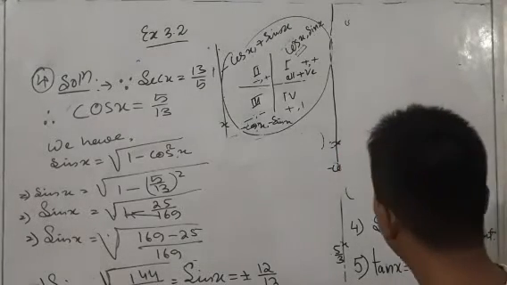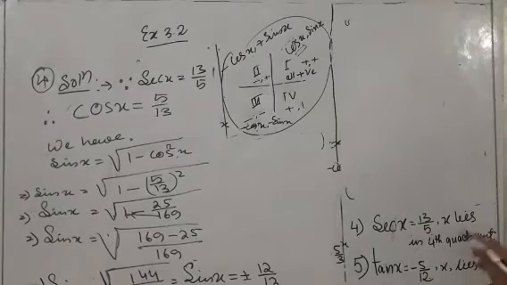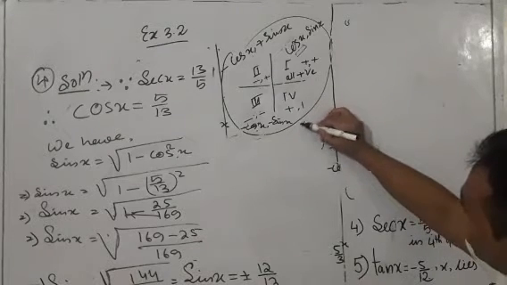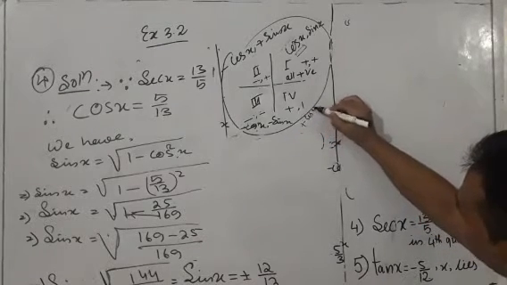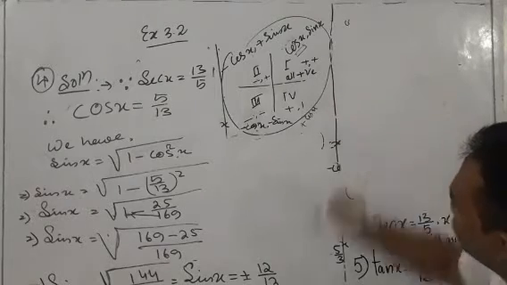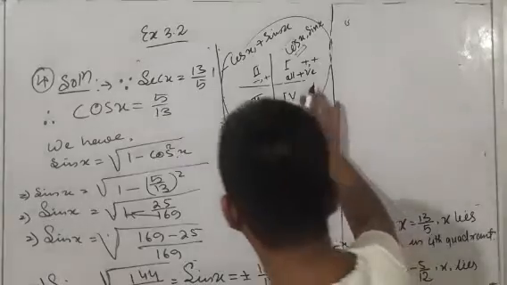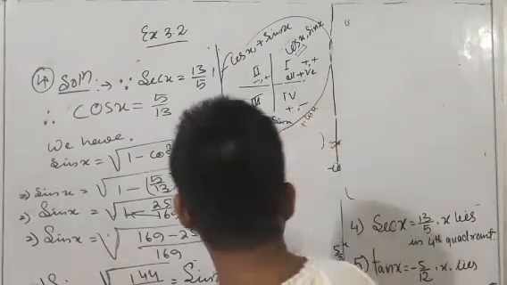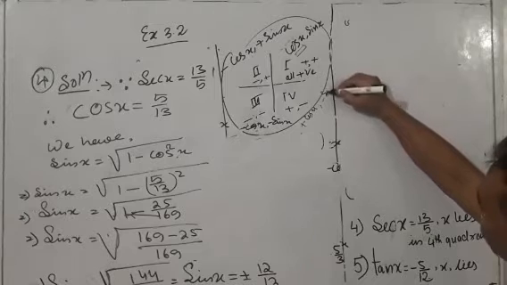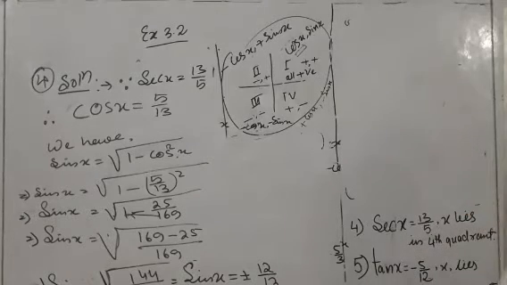What is the next? X lies in what? In 4th quadrant. X lies where? In 4th quadrant. So in this part, cos x is positive. Cos is positive, and then what is negative? Sin x. Sin x is negative. Correct?